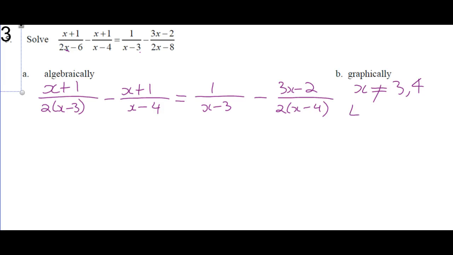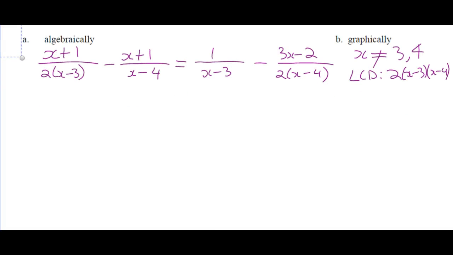Your lowest common denominator: you need a 2, and you need an x minus 3, and you need an x minus 4. Okay, that's all I need. So when you're doing common denominator, just say, is there a 2? Yep. Is there an x minus 3? Is there an x minus 4? I don't need another x minus 3. Just one will do.